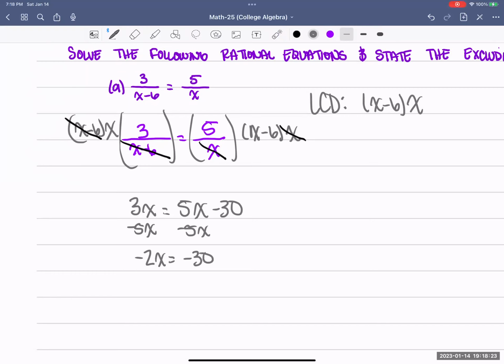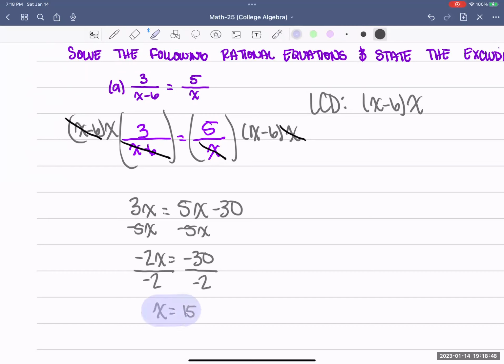To get x by itself, we are going to divide by that negative 2, because that negative 2 is being held together with x using multiplication. To undo that, we divide, the opposite of multiplication. Negative divided by negative gives us a positive, and 30 divided by 2 is 15.